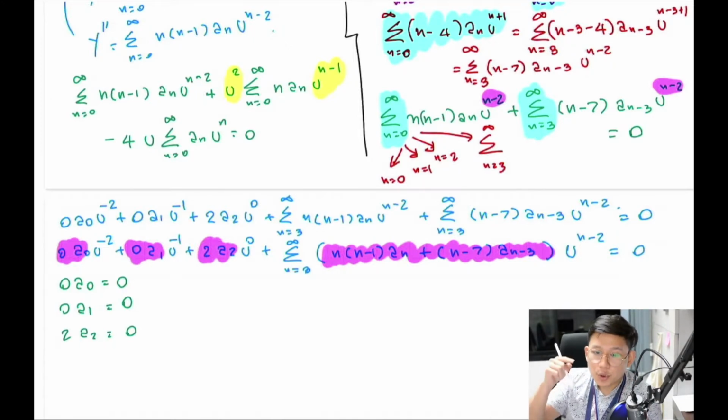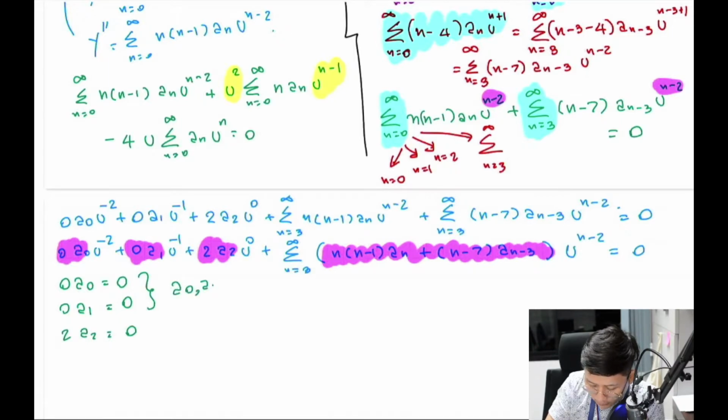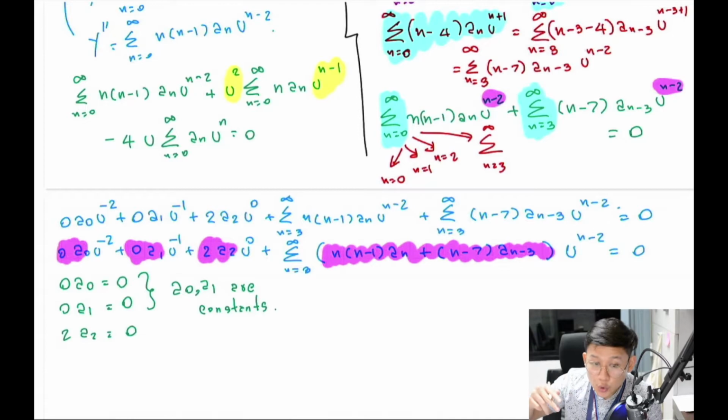It means that a0 and a1 are any constants, but 2a2 is 0. It means that a2 is 0. Guys, they are different. Don't get confused.